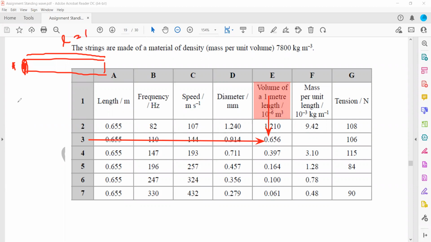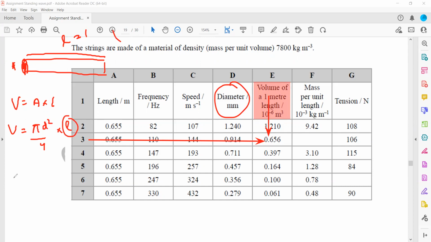So the volume is area multiplied by length. What about the area? I have the diameter. The area of cross section of a wire is pi d square by 4. So pi d square by 4 multiplied by L. And what is L here? Because we want the volume of 1 meter length, L is equal to 1.